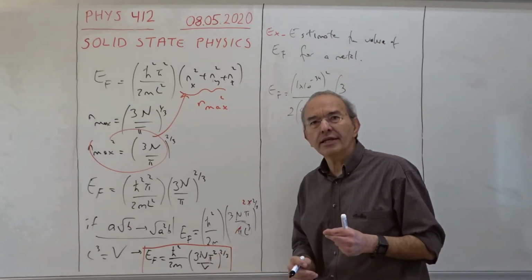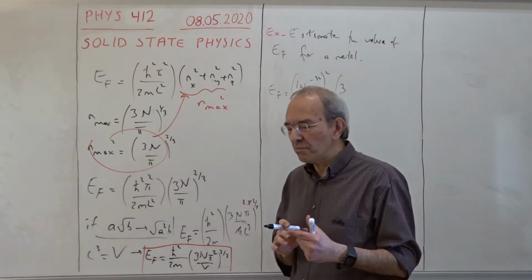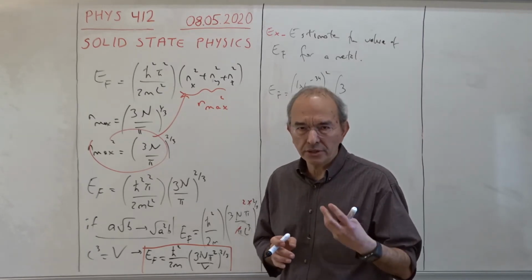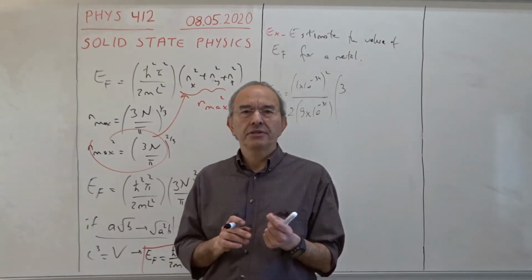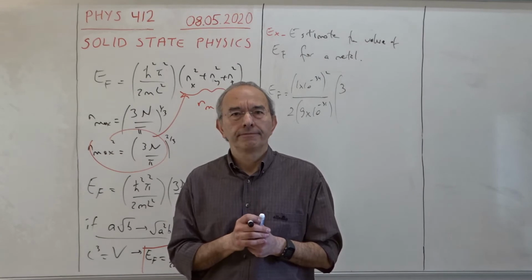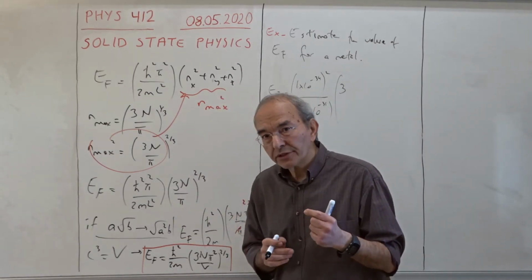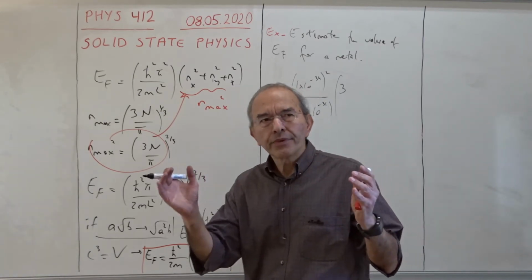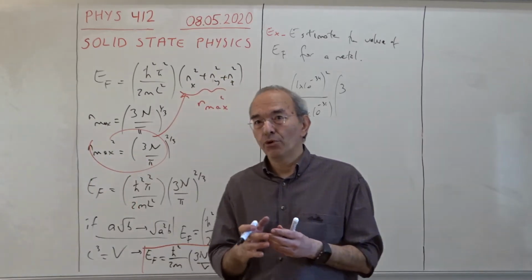N over V is the sort of concentration. If you consider the cubic meter, it is on the order of 10 to the 29 for a metal. Remember that 10 to the 29 is a characteristic value, a typical value for a metal. But 1 over 10,000 of it, 10 to the 25, is a typical value for the concentration of atoms in a gas, molecules in a gas.